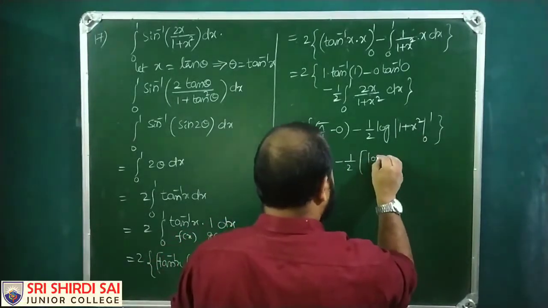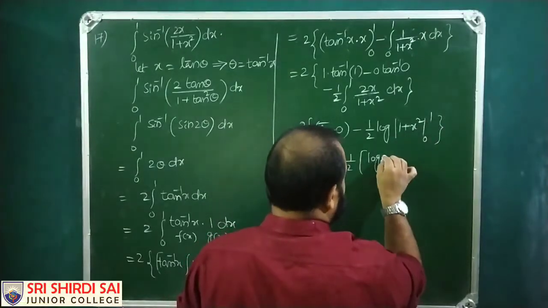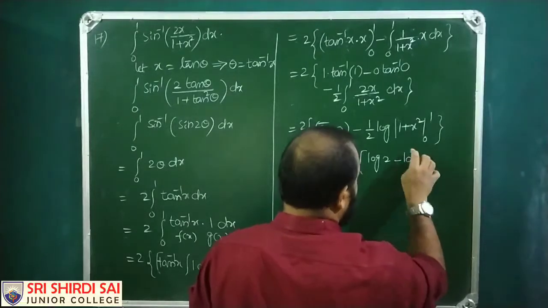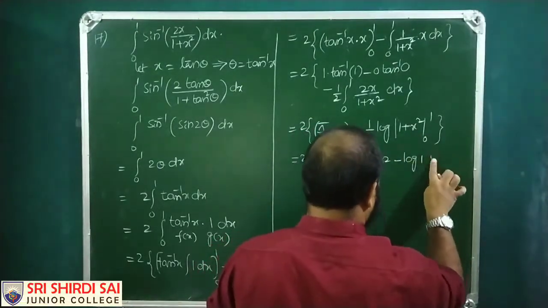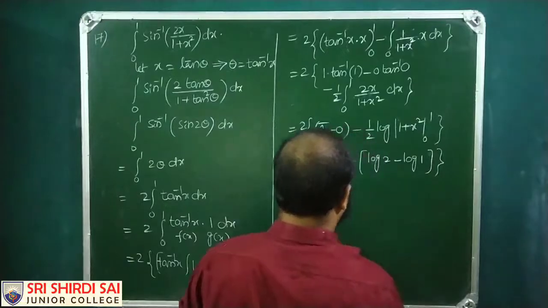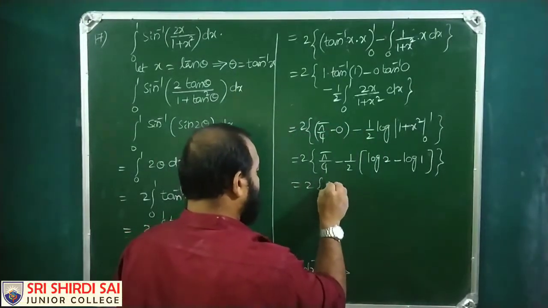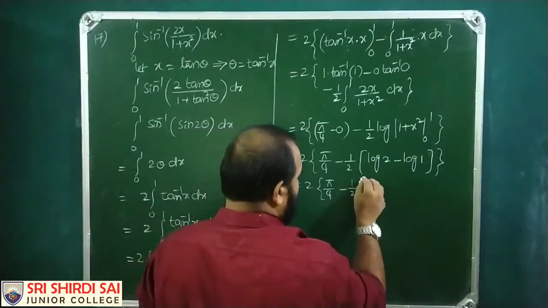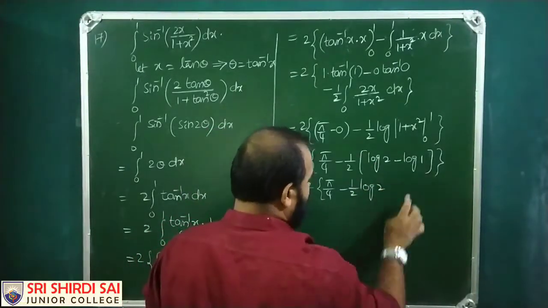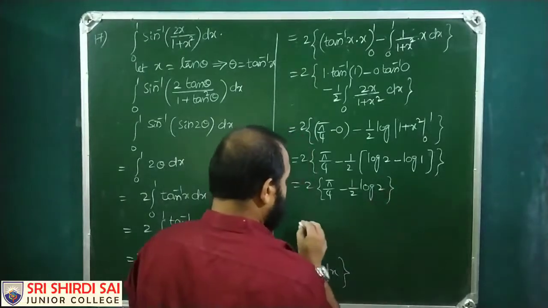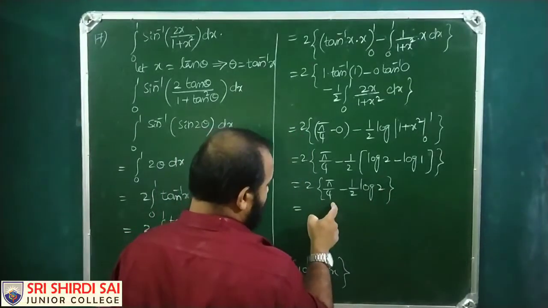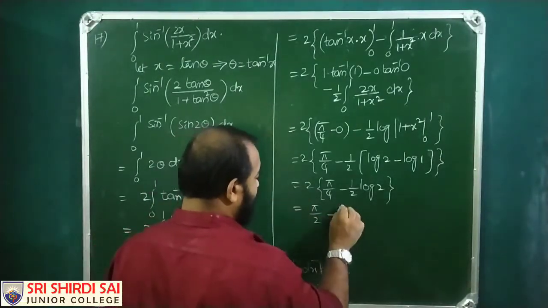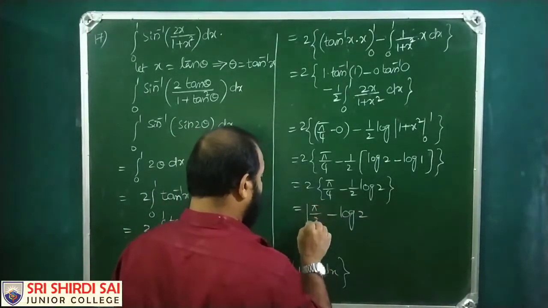So log of 1 plus 1 square, so 2, minus, upper limit is over, lower limit log of 1 plus 0, that is 1. So 2 into pi by 4 minus 1 by 2 log 2. Log 1 value is 0. So that is equal to 2 into pi by 4, so pi by 2, and the 2 gets cancelled, so minus log 2.